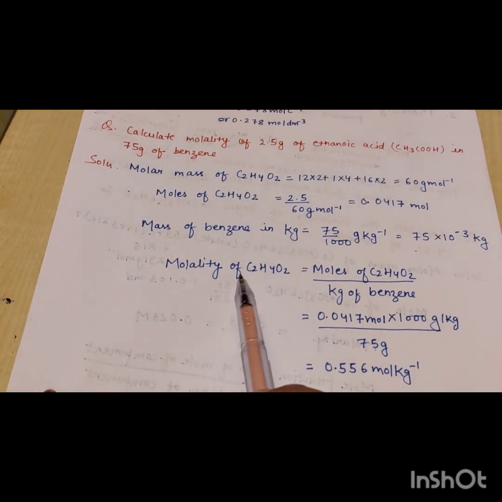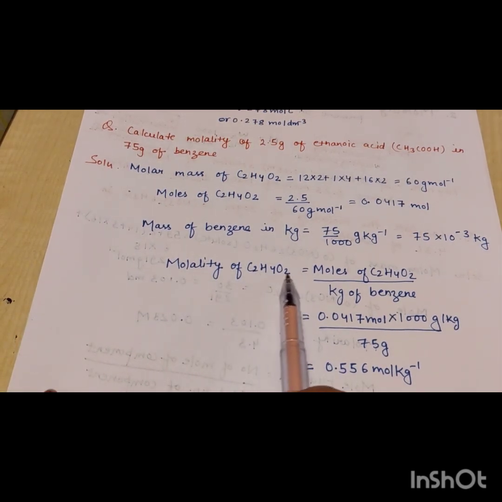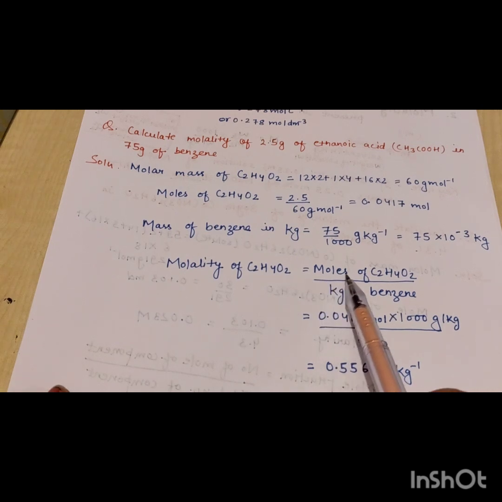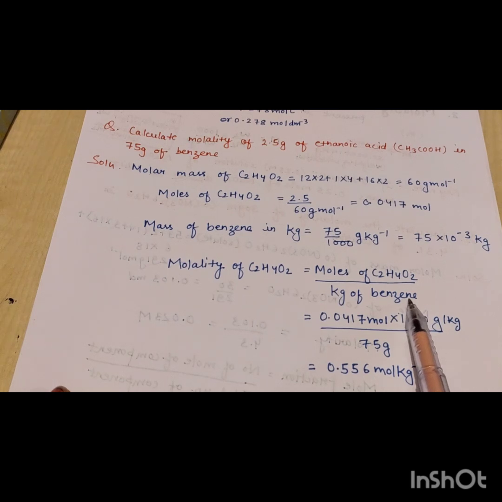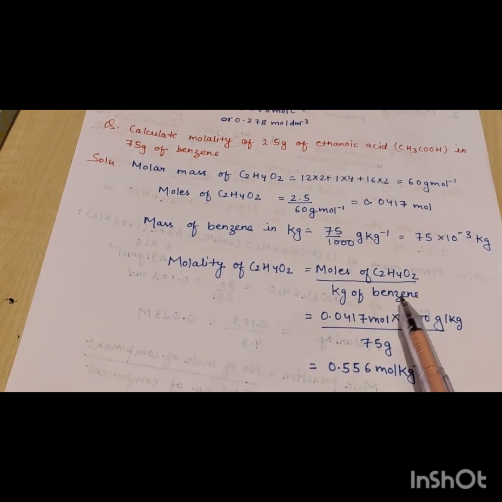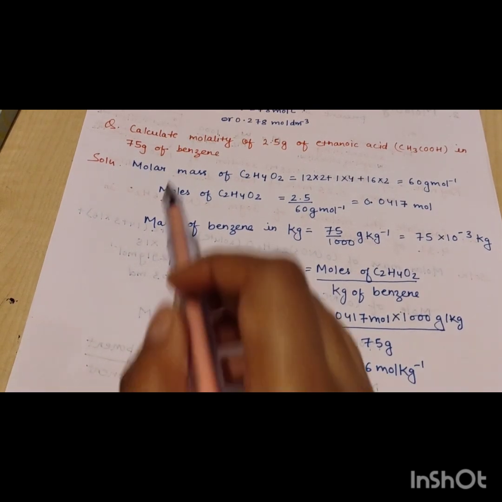The molality of C2H4O2 is equal to the moles of C2H4O2 divided by kg of benzene, because the solvent here is benzene.